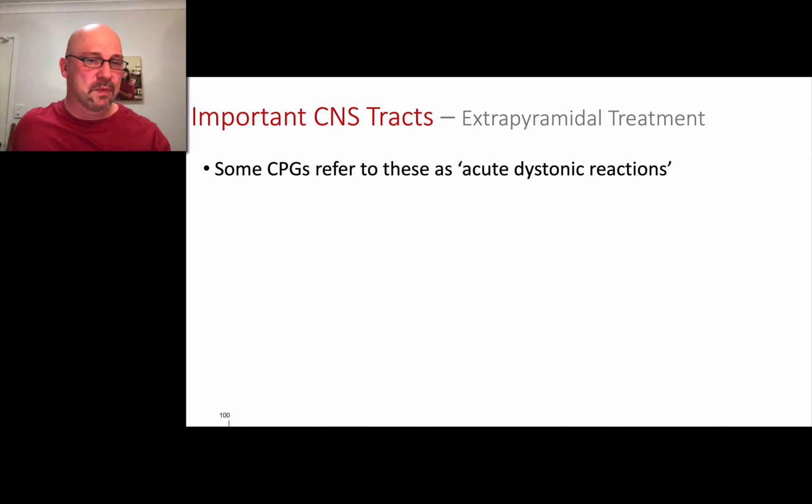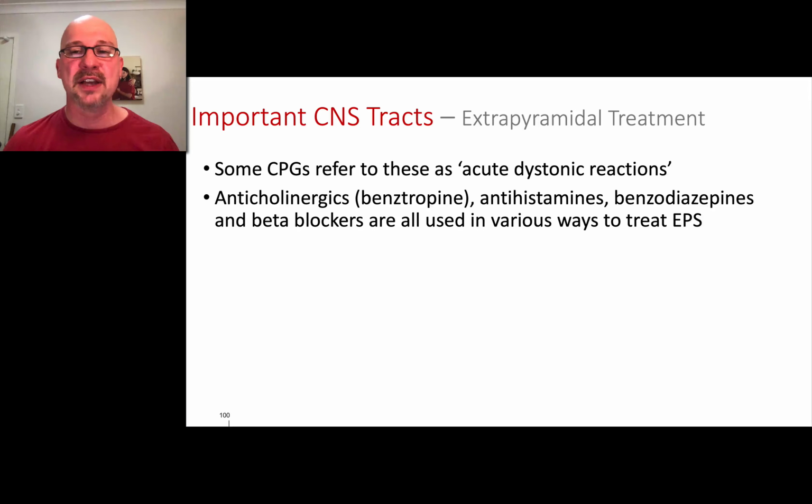So what do we do? Sometimes these are called acute dystonic reactions or extrapyramidal syndromes, or there's a bunch of different names for them. Generally, we give anticholinergics, so benztropine, plus or minus antihistamines, plus or minus benzos, plus or minus beta blockers in various different ways. So take a look at your clinical practice guidelines and see what your instructions are and which drugs you carry.